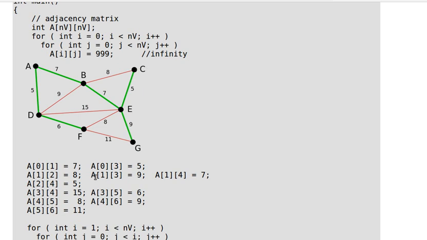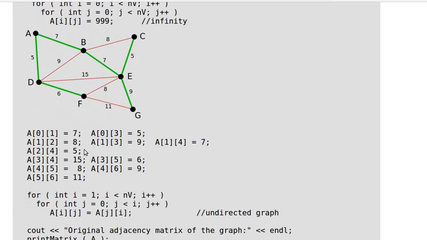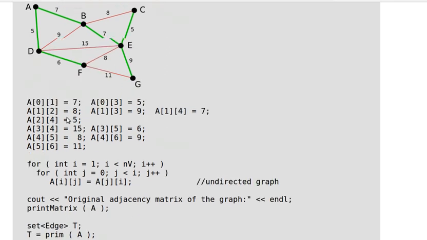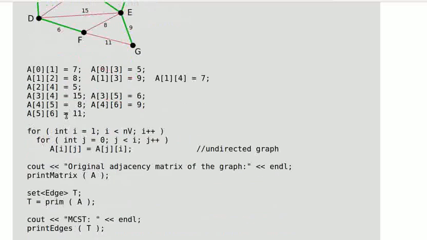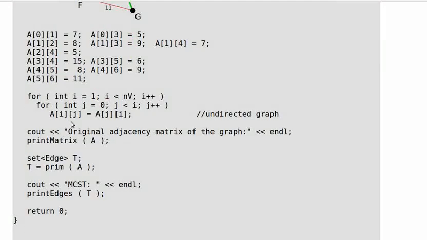So we assign these values to the two-dimensional array, which is the adjacency matrix. Because it is an undirected graph, the matrix is symmetric, so we make A[i][j] equal to A[j][i]. So we just do these ones, and then use these for loops to assign the other half.